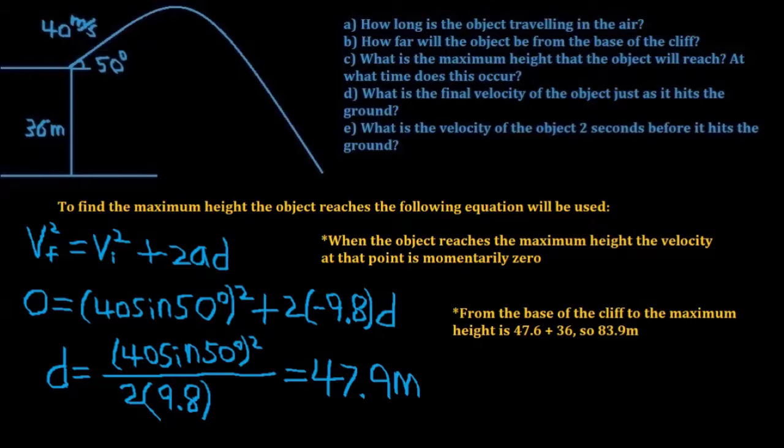When an object reaches the maximum height, the velocity at that point is momentarily zero.